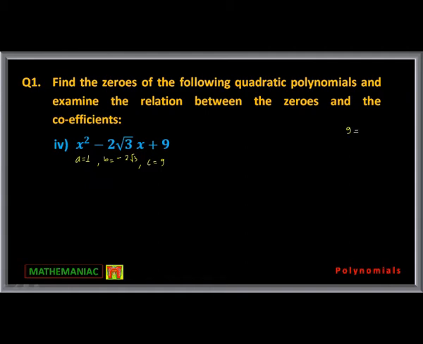So just try to factorize this in all possible ways. 1 into 9, then 3 into 3. Are there any more possibilities? No, not at all. Now which particular part will be considered? Because this time neither their sum nor their differences is going to give you this. So you have to observe very carefully.